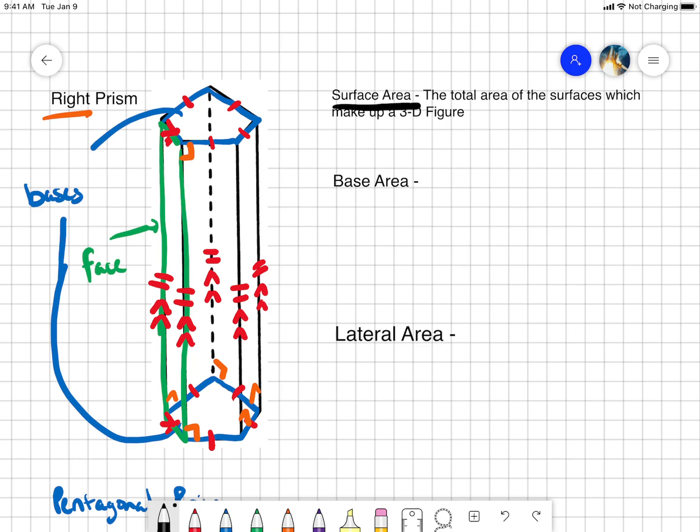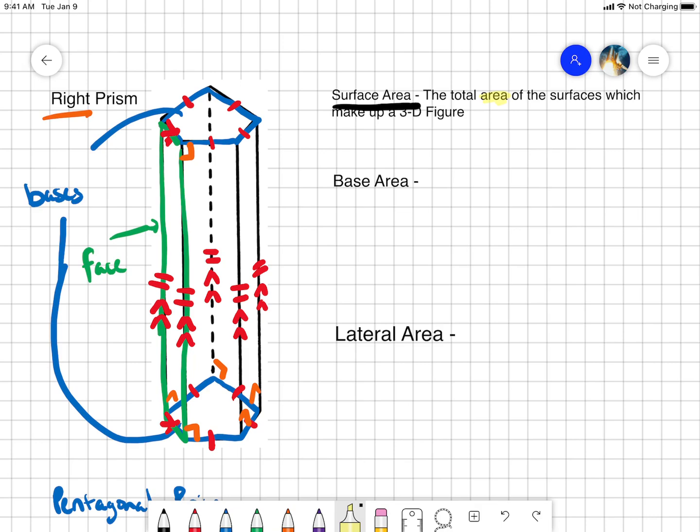Now the key word in that is area. We just spent a couple of weeks talking about how to calculate areas of different types of figures. So for this one, how am I going to come up with a formula for prisms?